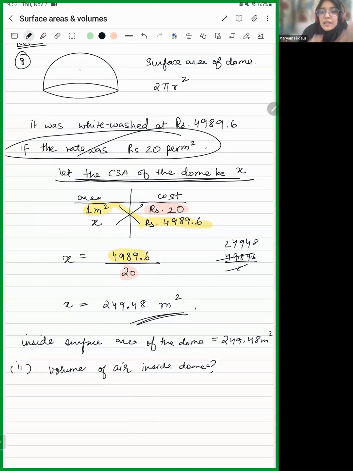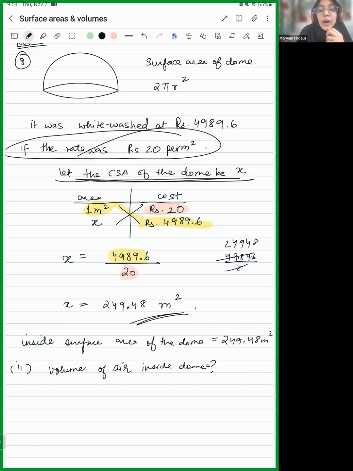Surface area is basically the surface, right? Volume means how much space it has inside it, or if you fill air into it, how much air is there. What is the volume of the air inside it? Meaning, what is the volume of the dome itself? Got it?